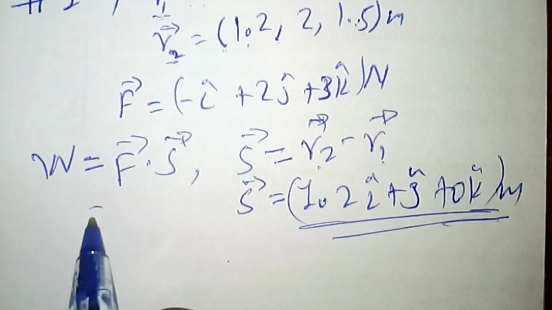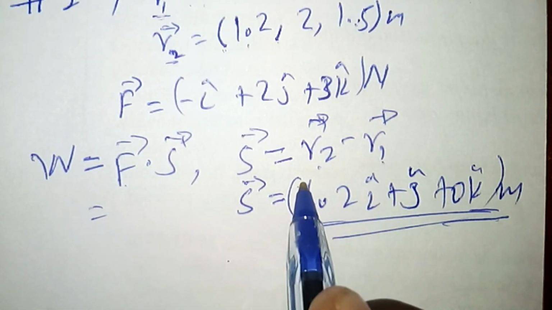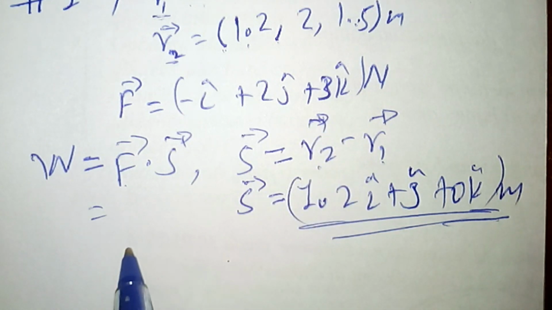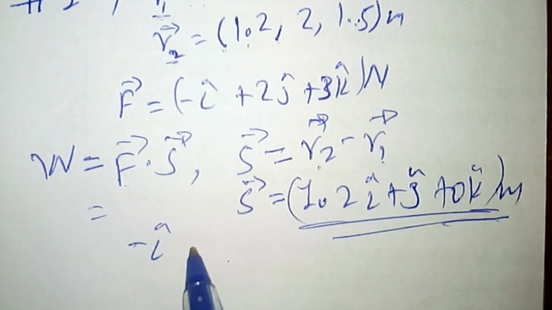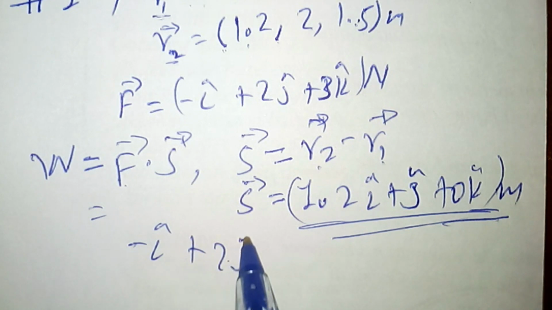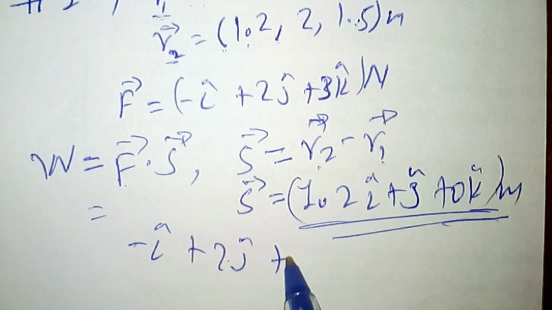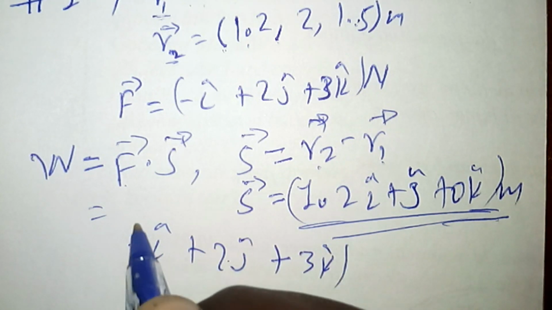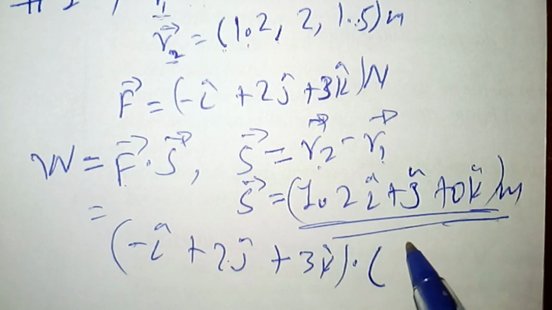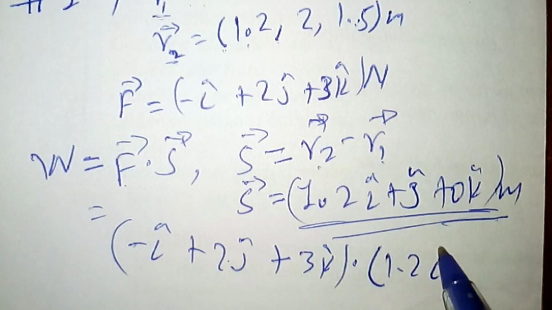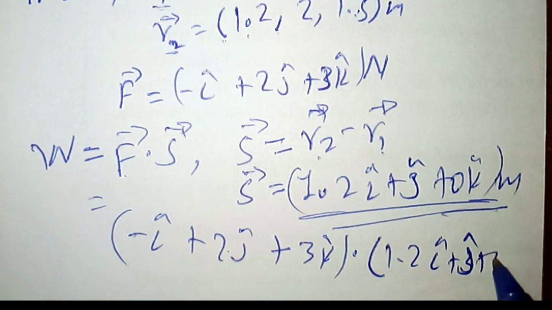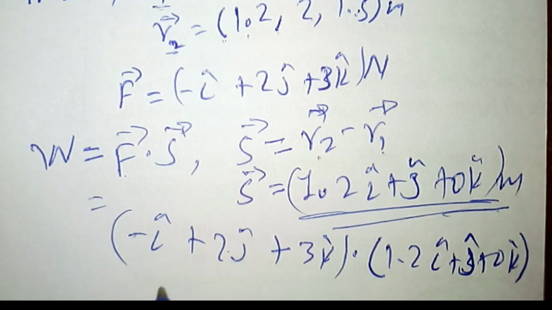So work done is the dot product of force and the displacement. The force is minus i plus 2j plus 3k, dotted with the displacement, which is 1.2 i plus j plus 0 k meter.